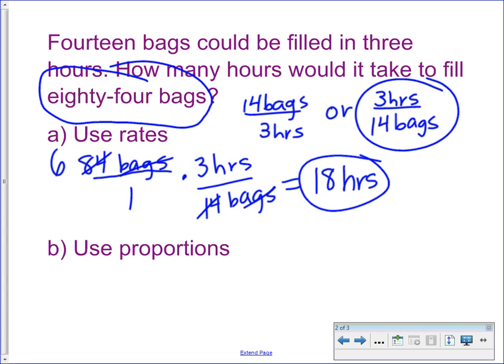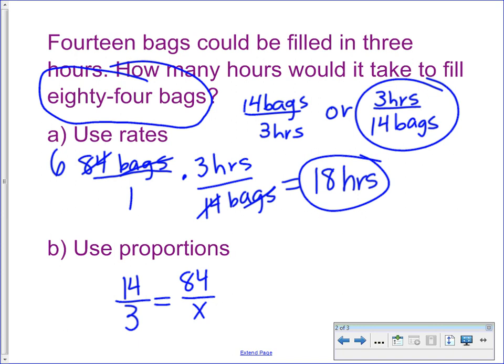And then we solve with rates. Now solve with proportions. So 14 bags can be filled in 3 hours. Randy, what do you think? 14 and 3. Very good. Always an equal sign in between. We need your proportion. Equals what? 84. Good. 84 over x.